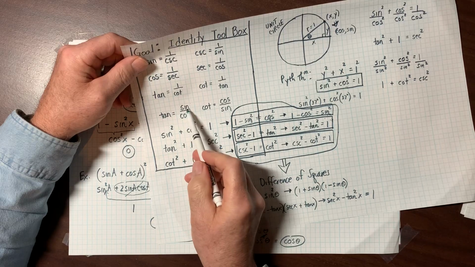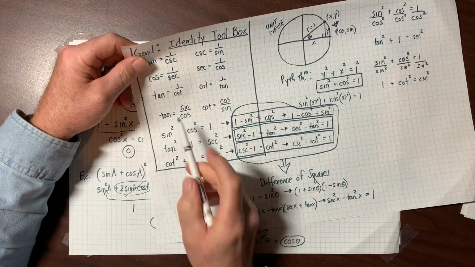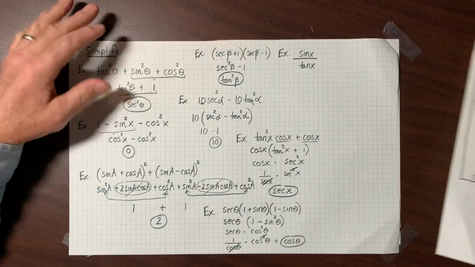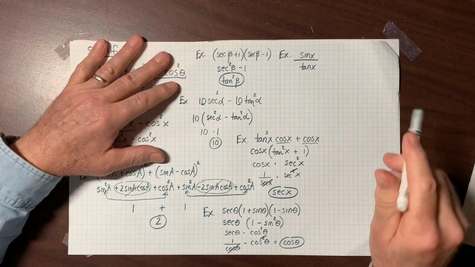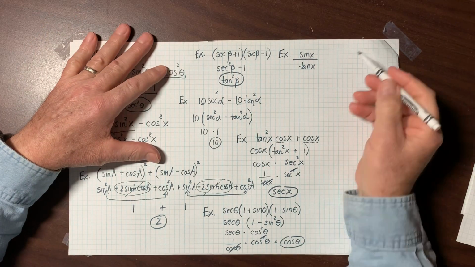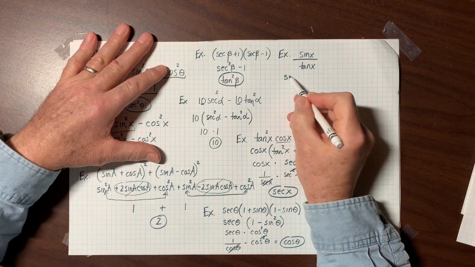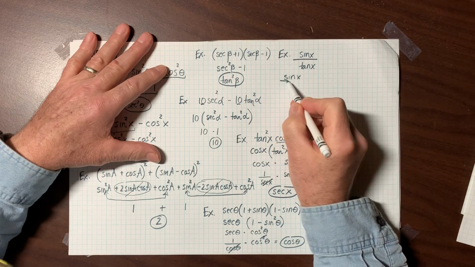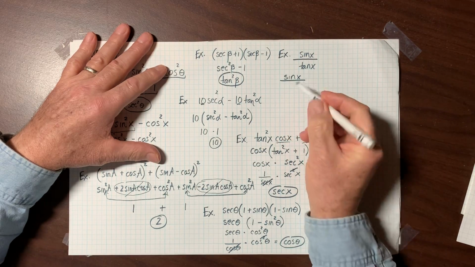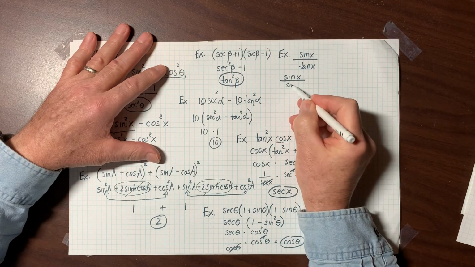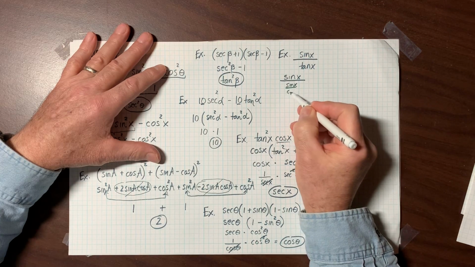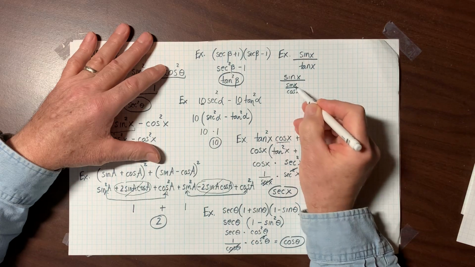So I'm going to substitute sine over cosine for tangent. Now, when I do that, I'm going to form a complex fraction, but that's okay. I know how to handle that. So what I'll do here is I'll say this is equal to the sine of x over, and then for this tangent in the denominator, I'm going to substitute the sine of x over the cosine of x.